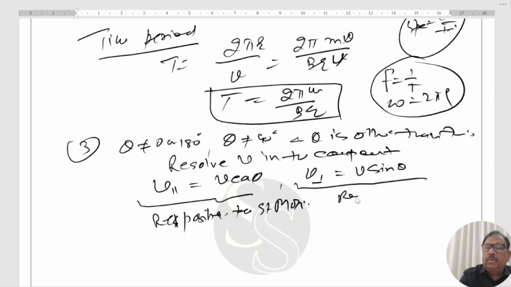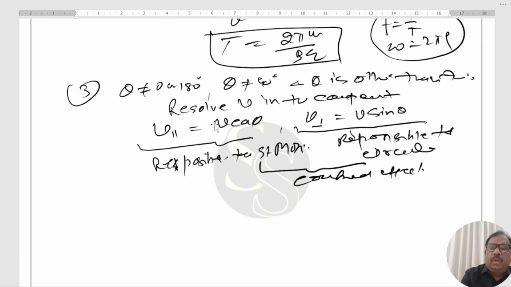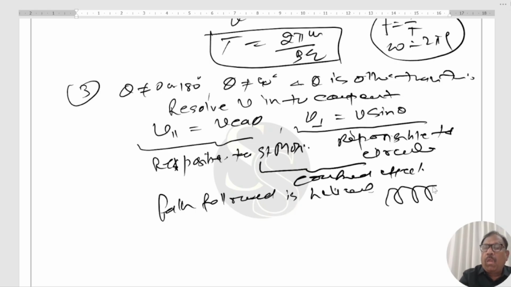This is responsible for circular motion. Combined effect is that the path followed is helical. Path followed is helical, like this and this. Right?